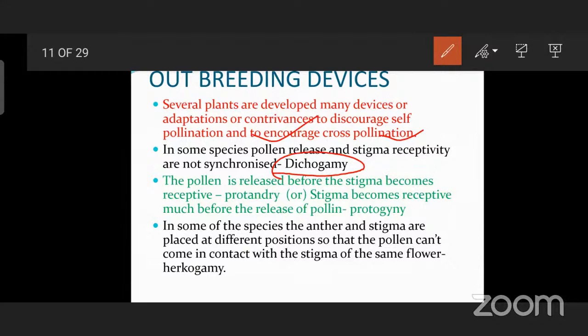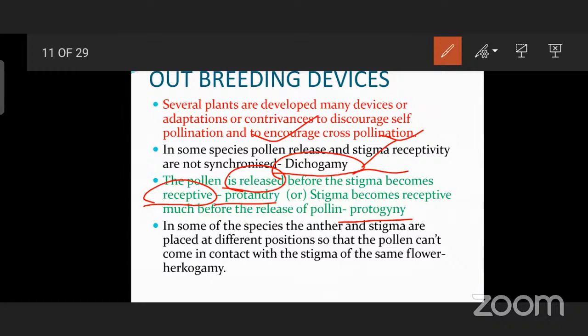Dichogamy is divided into two: protandry and protogyny. What is protandry? Pollen is released before the stigma becomes receptive. This condition is known as protandry.